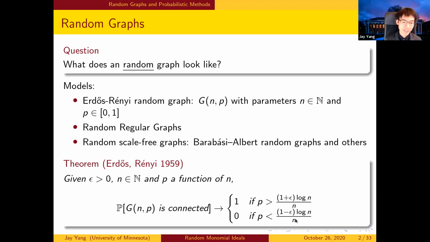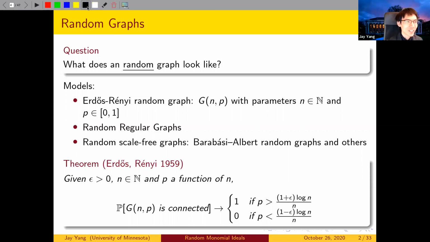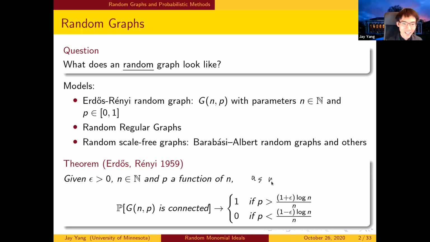And if p is less than that, your random graph is going to be disconnected, at least asymptotically. Again, all these results are asymptotic. You ask about what happens as some parameter goes off to infinity. I forgot to write that there, so let's add that: as n goes to infinity. And all of our results will also be, in some sense, asymptotic. They'll ask about results as some parameter goes off to infinity.